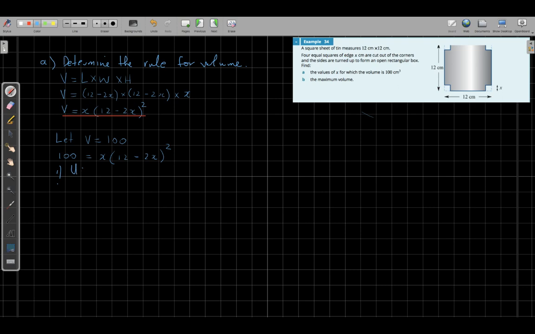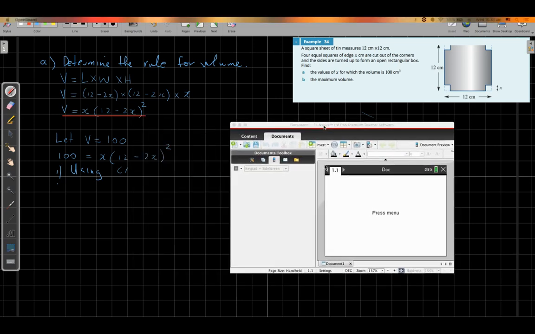So using CAS, my calculator starting up is using all my memory, so this is lagging. Give it a chance to start up.